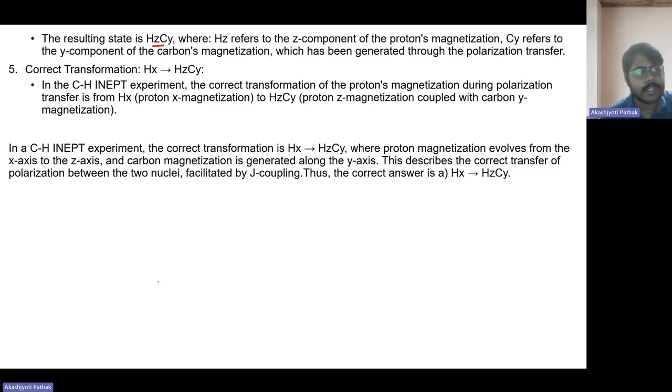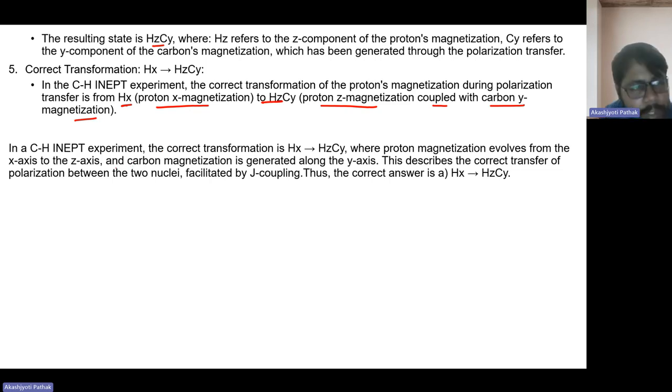Therefore, in the CH INEPT experiment, the correct transformation of the proton's magnetization during polarization transfer is from HX, proton X magnetization, to HZCY, proton Z magnetization coupled with carbon Y magnetization.